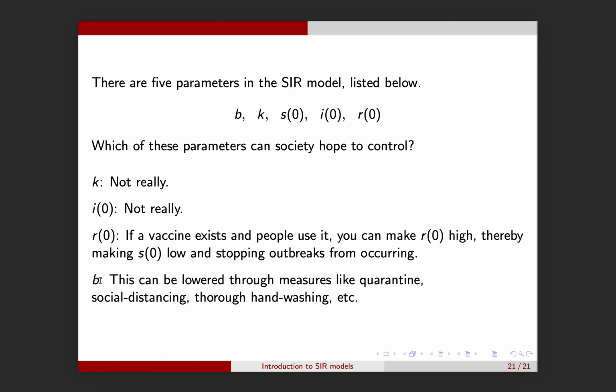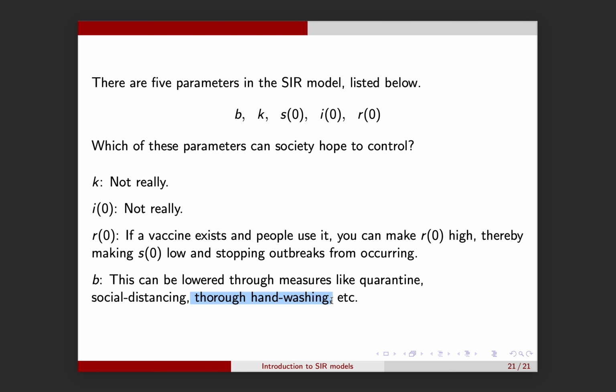I'm not saying you should do that, but there is some control you can exert over B. Quarantining people, social distancing, getting everybody to wash their hands all the time, mask wearing, measures like this can make B lower because they make the disease less contagious.